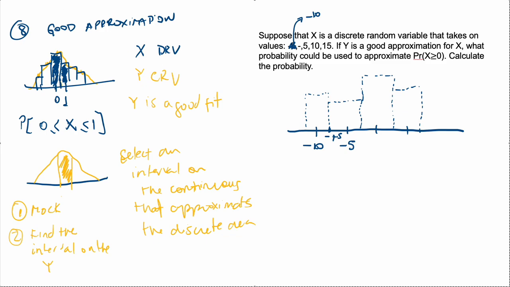Sorry, I forgot one interval here. I forgot the 0, then the 5, then the 10. Sorry for that. Okay. So this is minus 7.5. This one is meeting in minus 2.5. This one is meeting in 2.5. This one is meeting in 7.5, right?